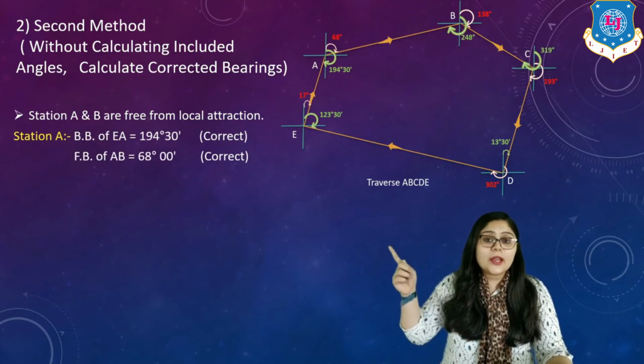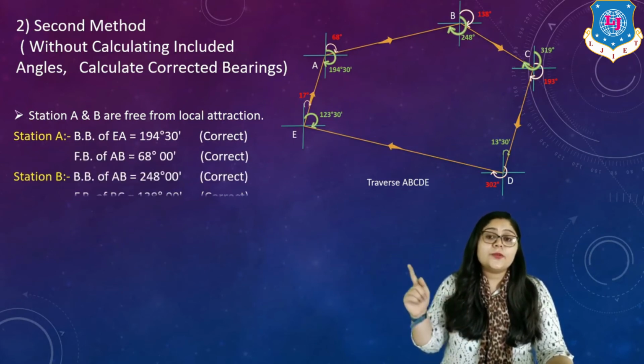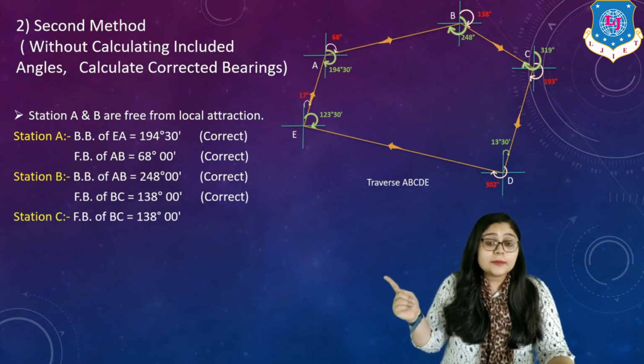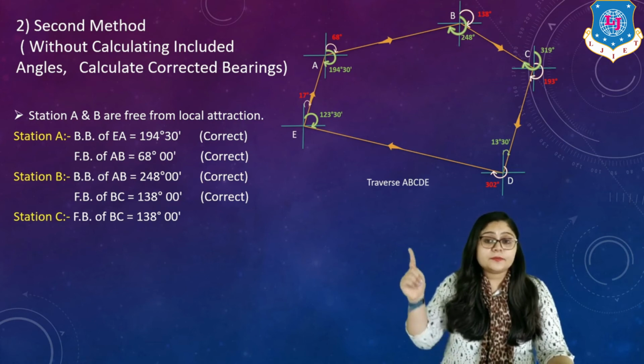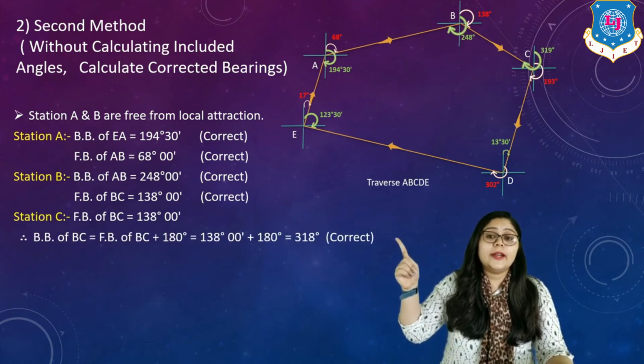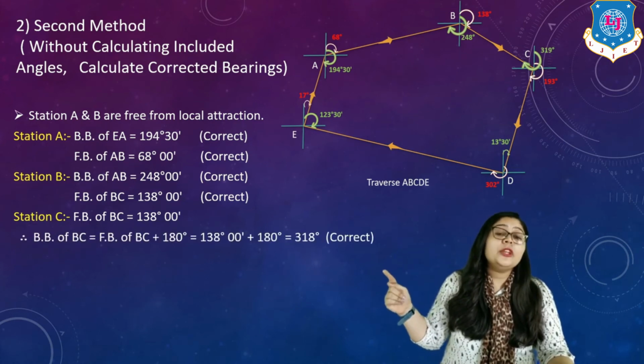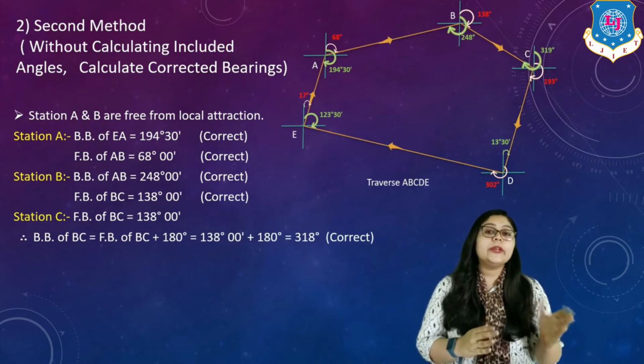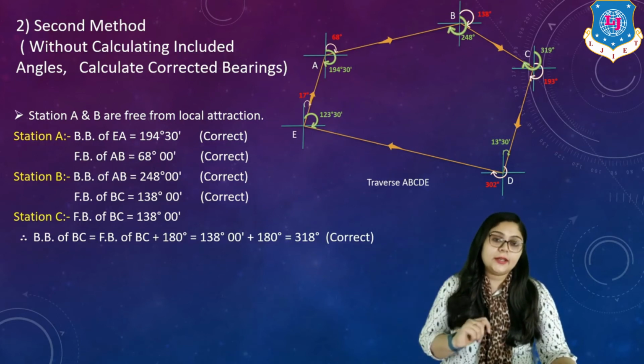So for station A, all the data is correct, as well as for station B. But for station C, as it is affected, only the fore bearing is correct, but now we know we can calculate the back bearing by using the correlation between fore bearing and back bearing, which is 318 degrees.